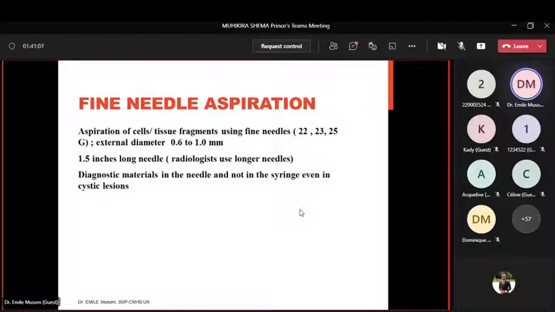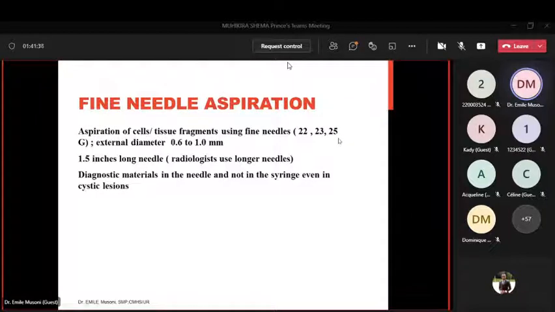Most of the time we do it for lymphadenopathies, thyroid masses, breast, some cysts on the skin, parotid gland, and submandibular gland. For the aspiration, we need needles of 22, 23, or 25 gauge, but most of the time we use 23.